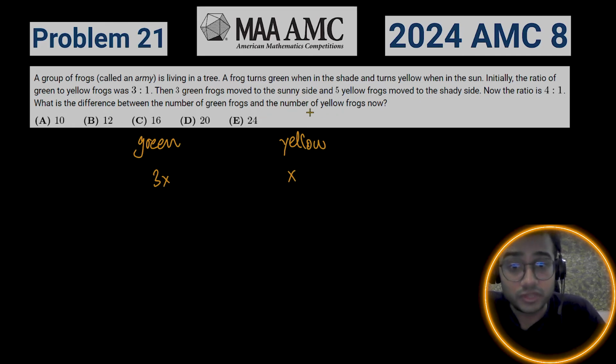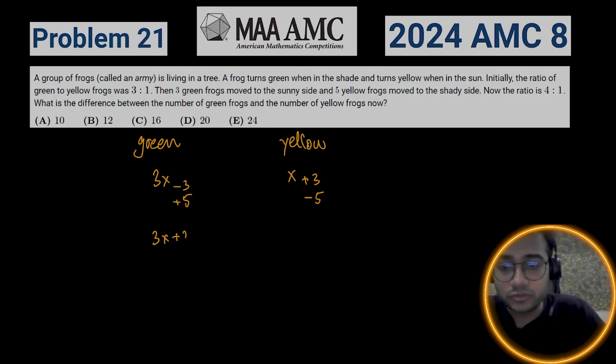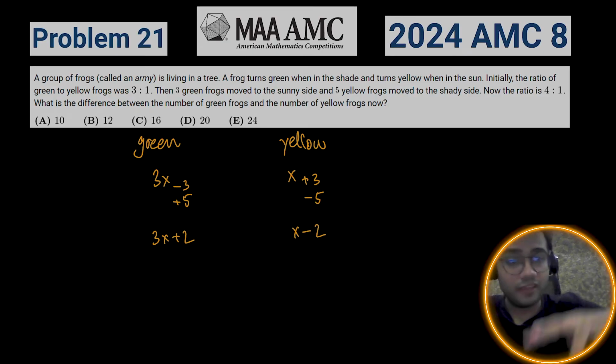That means they turned yellow. So -3 from the green side, +3 to the yellow side. And then five frogs moved to the shady side. So that means -5 for the yellow and +5 for the green. So overall, now the actual numbers are 3x plus 2 and x minus 2.